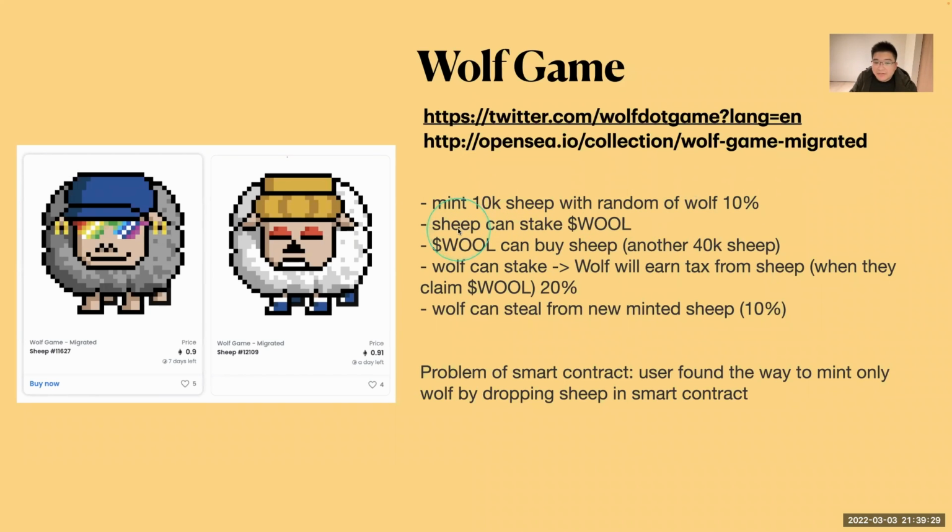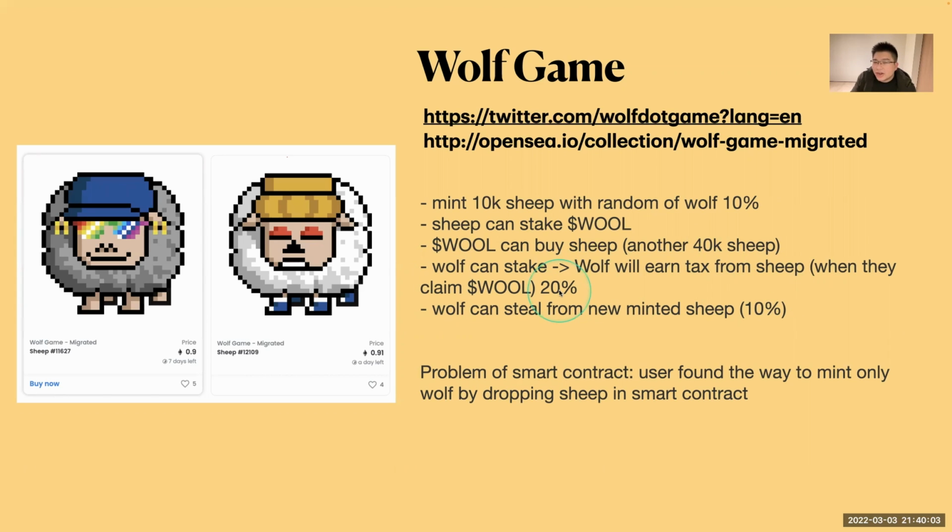Normally, sheep can be staked for the utility token, which is called WOOL. Wolves can buy another sheep or create another sheep, and there is a limited supply of 40K sheep. If you luckily get a wolf, you can stake it, and the wolf will earn a tax from sheep of around 20%.